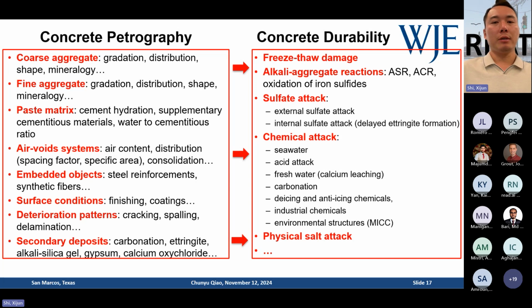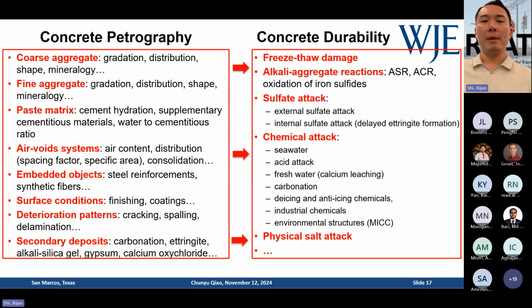And also de-icers or de-icing damage or anti-icing chemicals that can damage or deteriorate concrete. We can look at that under microscope. And also some other industrial chemicals, sometimes you just run into different very interesting topics, and different chemicals can have some interaction with concrete. We can look at that.